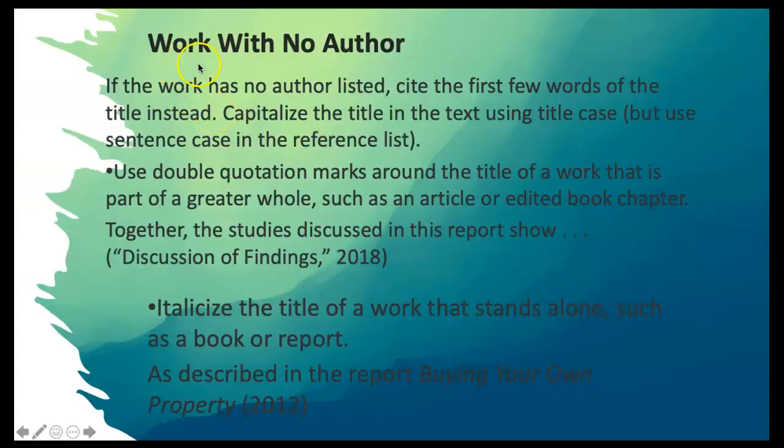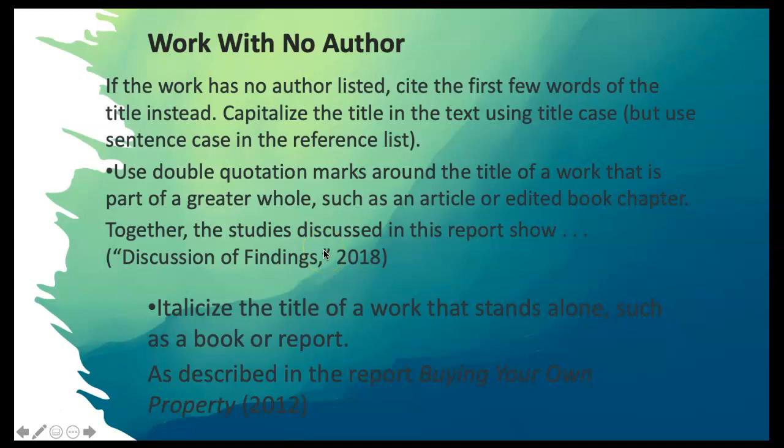If you have a work with no author, what do you do? Then what you're going to do is use the title of that work, the title of that article. So you will put the title of the article and the year it was published. And this title goes inside the quotation marks.